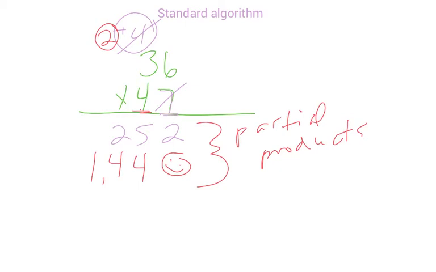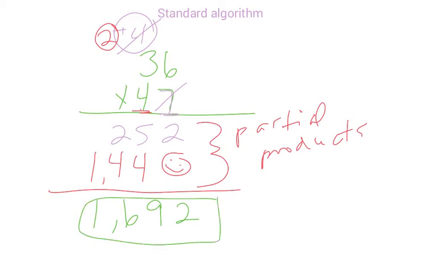So it kind of shows you where these numbers are coming from. We add those together, we get 2 plus 0 is 2, 5 plus 4 is 9, 4 plus 2 is 6, and then the 1,000. So our product is 1,692.